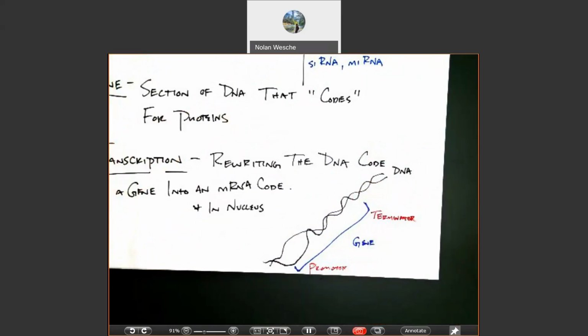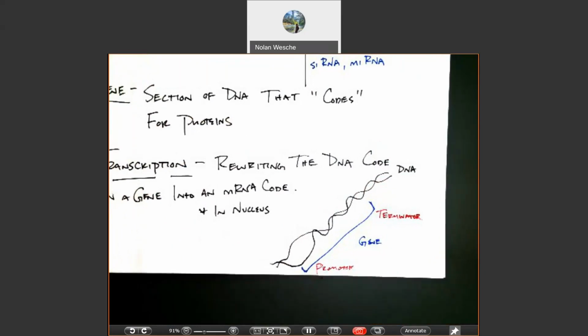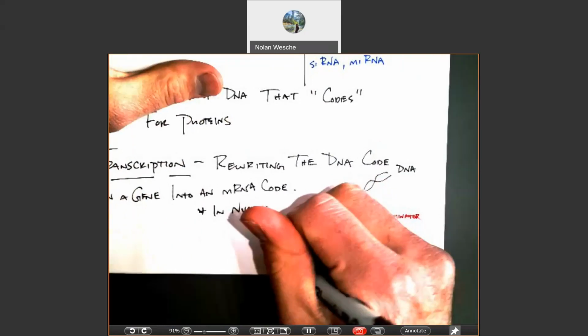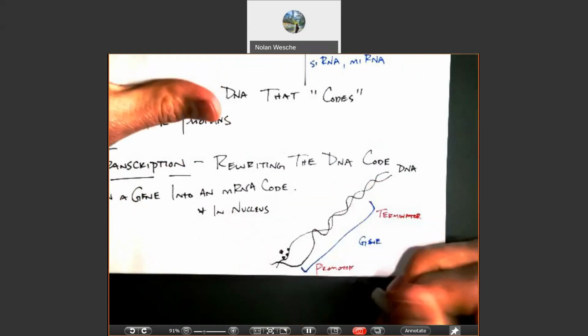So let's say that there's a signal of some variety externally, outside the cell, that calls for a particular protein to be made. There's going to be a communication series of events that leads to something called transcription factors starting to assemble at the beginning, the promoter region of this gene.